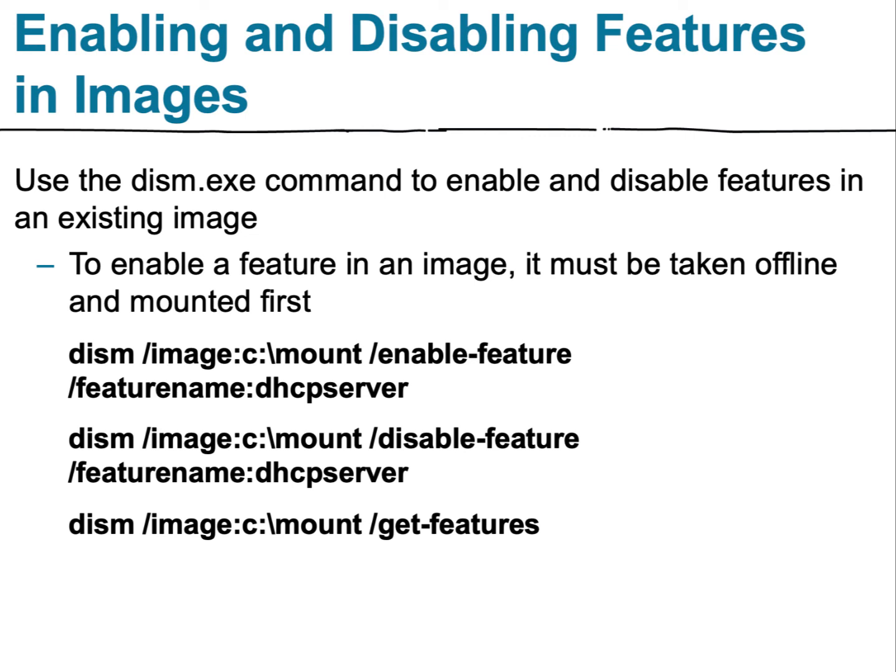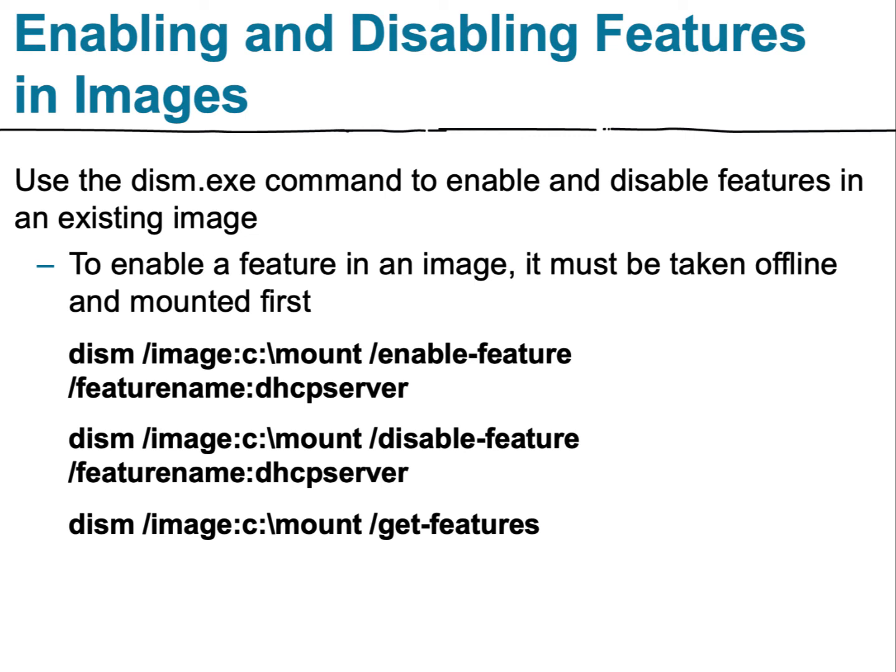Mounting an image is like mounting a drive, making its contents available as though they were just files and folders on a disk. Then use the command line and apply the hotfixes. Next, use the command line again to commit the changes to the .wim file and dismount the image. And finally, the last step is replacing the image in WDS with the new image and enabling it.